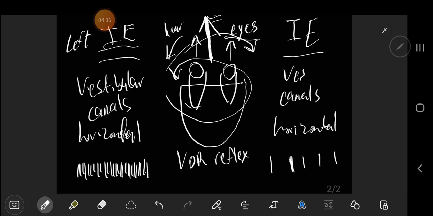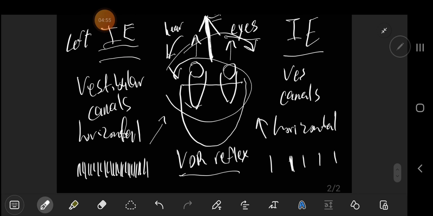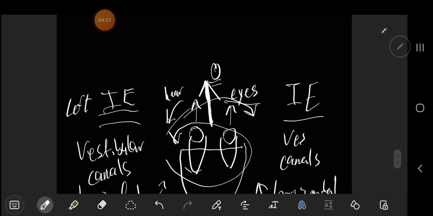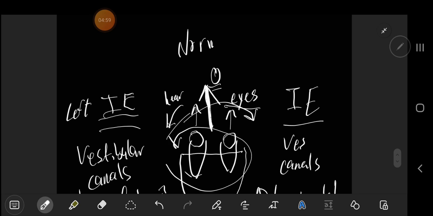So the brain will get those signals that we are moving in a rotation to the left, and will know to activate this VOR reflex to move your eyes in the direction of the weaker side. And this is the normal structure. This is what you can do when you are normal.